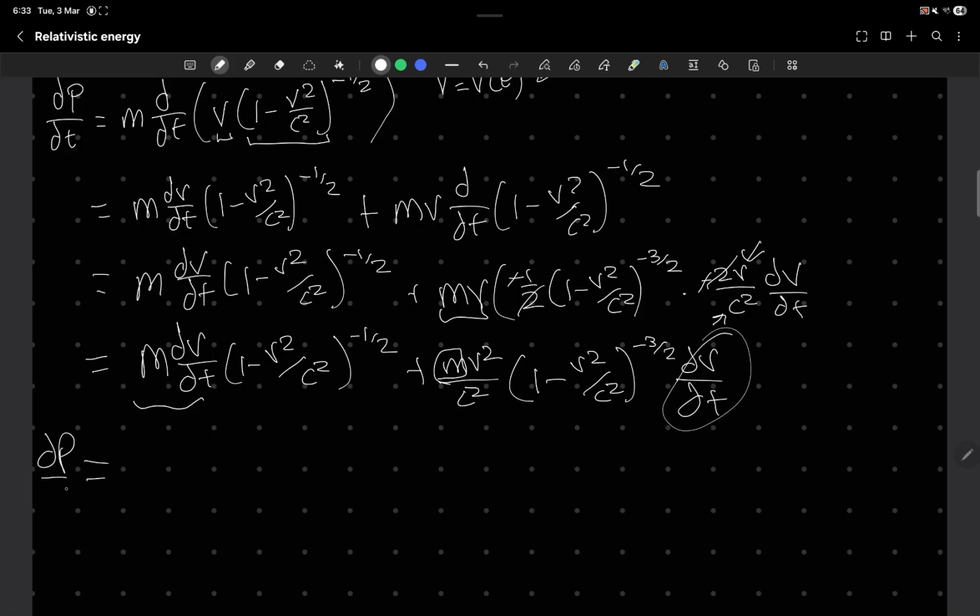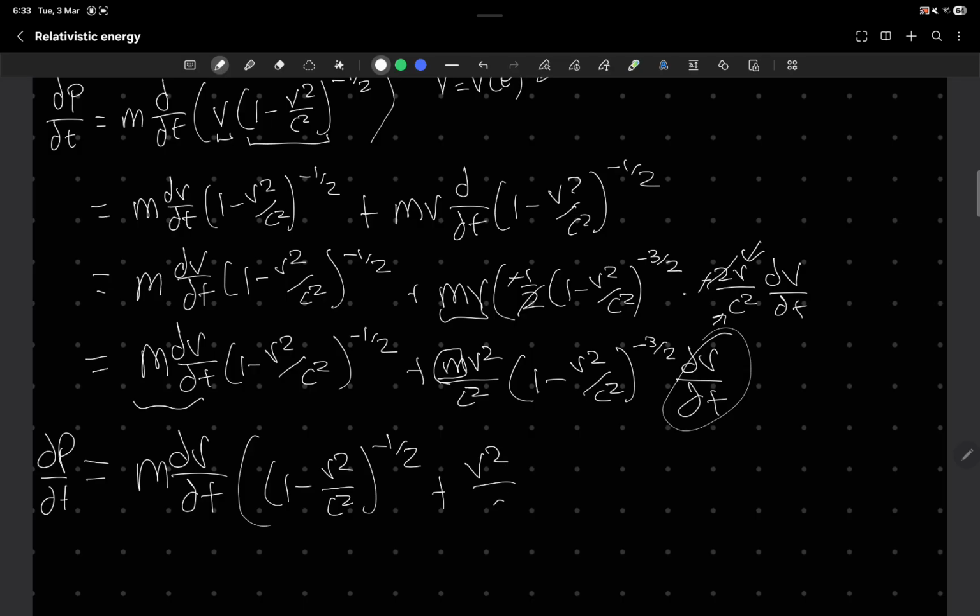So dp by dt equals m dv by dt, bracket 1 minus v squared upon c squared to the minus a half, plus v squared upon c squared, and then 1 minus v squared upon c squared to the minus 3 halves.